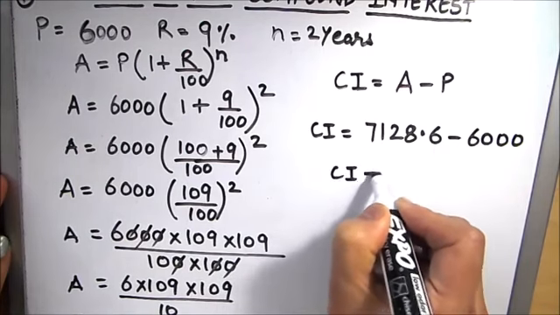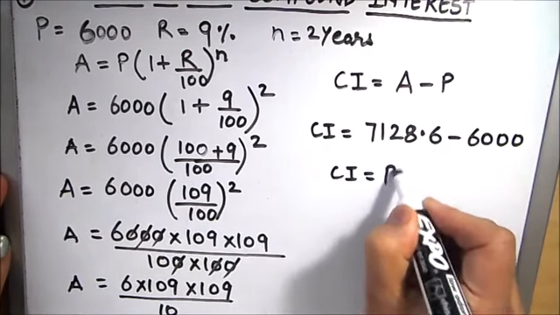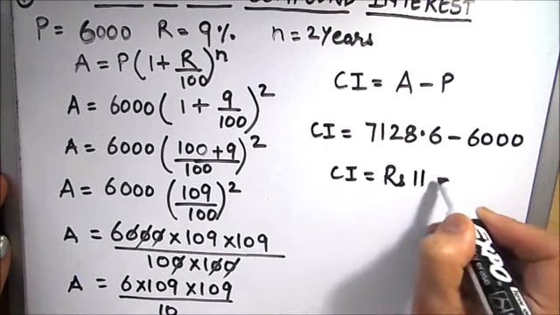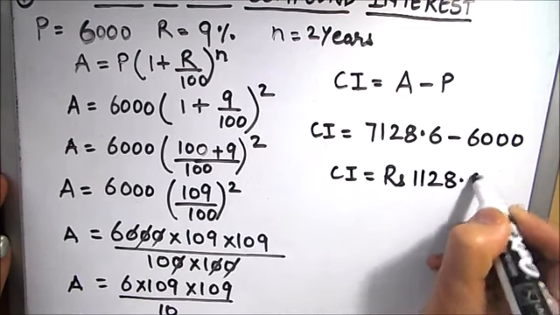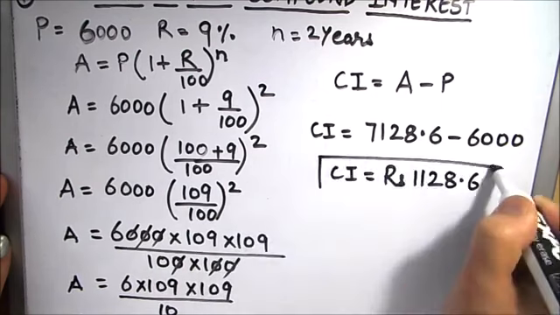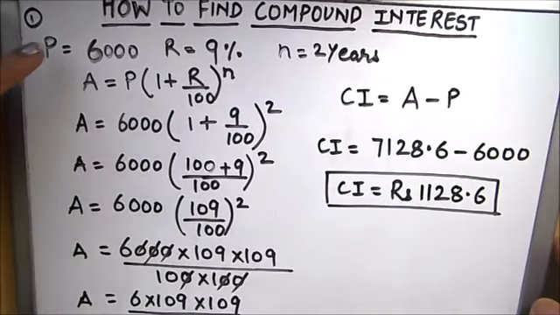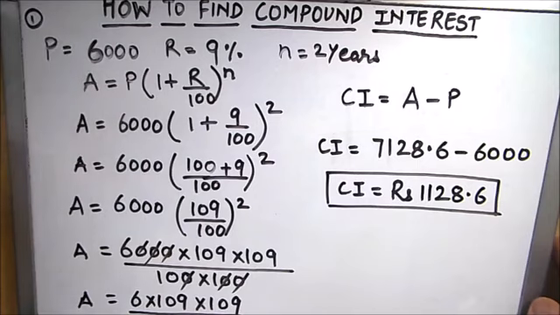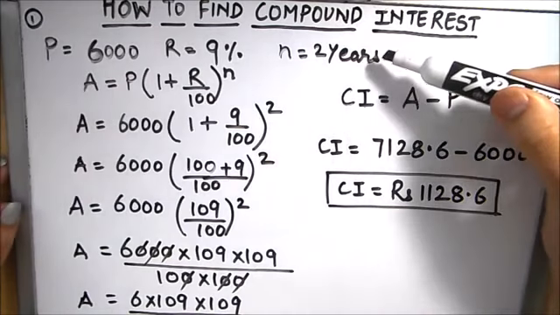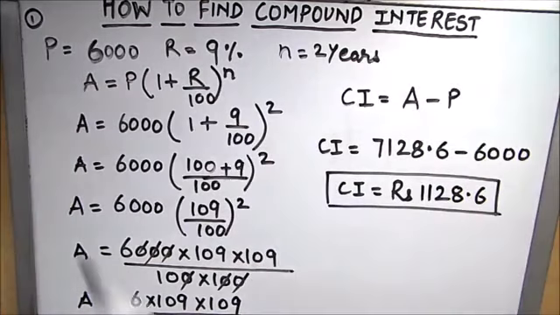So our compound interest comes out to be rupees 1,128.6. This is the compound interest when a principal amount of 6,000 is compounded annually for 2 years with a rate of interest of 9%. So these are the steps you need to follow to find the compound interest using the formula when the amount is compounded annually.